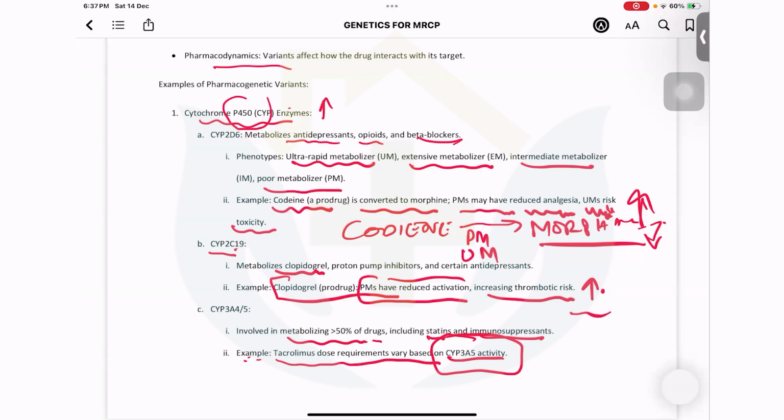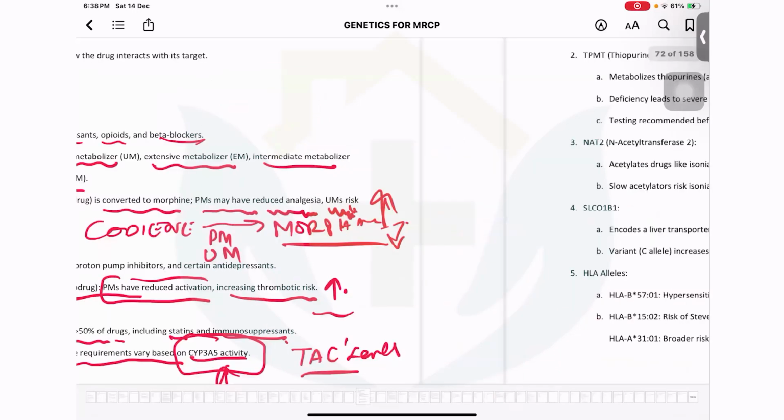That is why the renal transplant surgeons always keep insisting on TAC levels. Why? If somebody does not have an active enzyme, then TAC levels will remain high and patients can have tacrolimus toxicity. But if the enzyme is very active, then unfortunately the patient may have a renal graft failure.